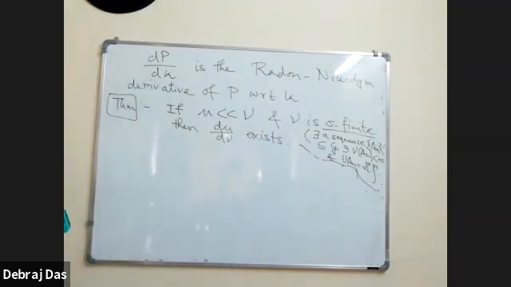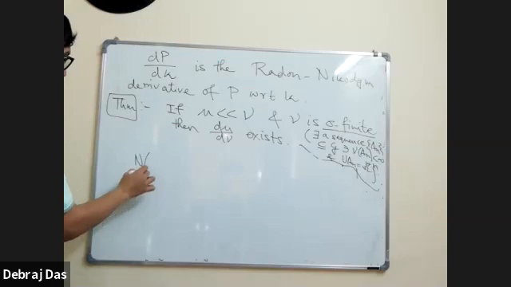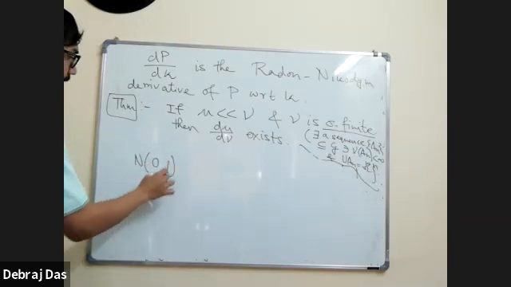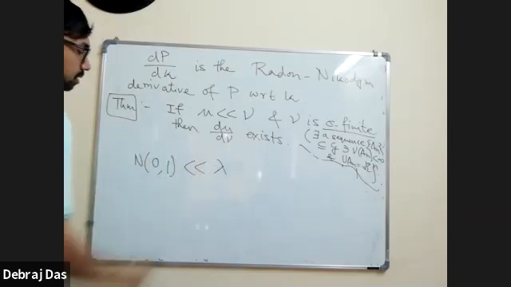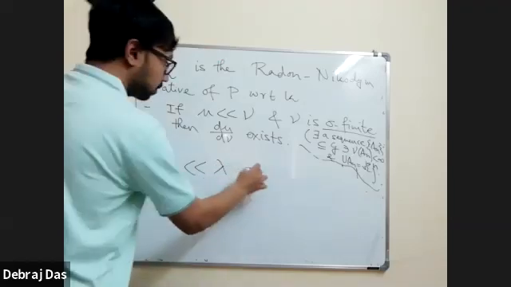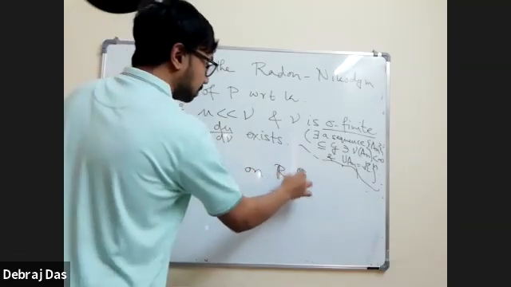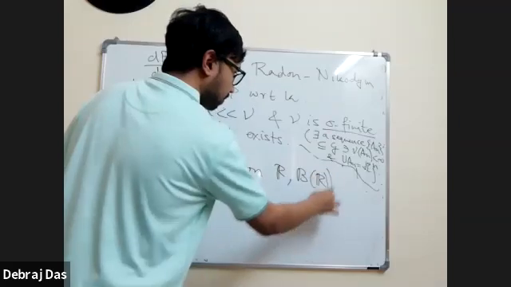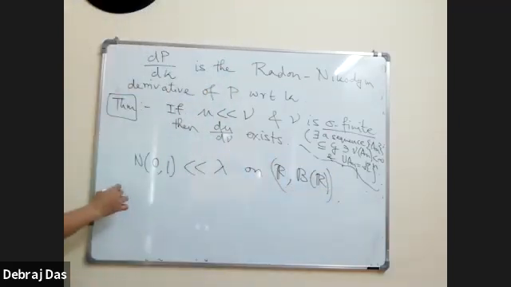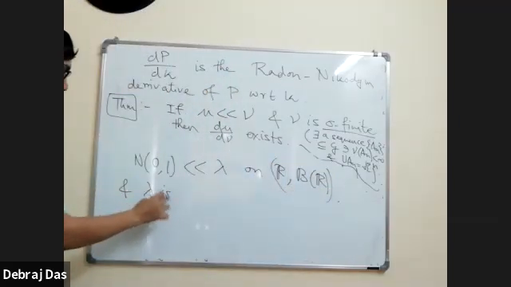One last thing that I want to say is that I'll do the example in the next class, maybe tomorrow. But today I just want to say that Normal(0, 1) is absolutely continuous with respect to the Lebesgue measure lambda on R, and lambda is sigma finite.